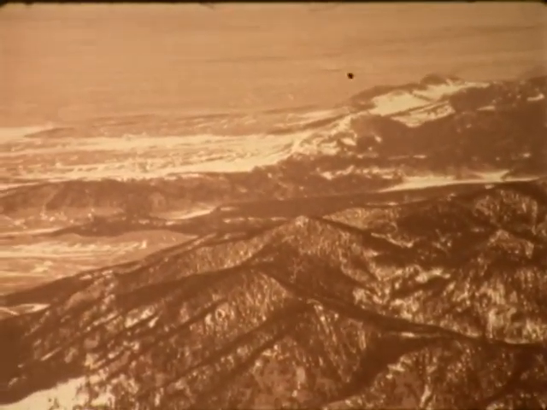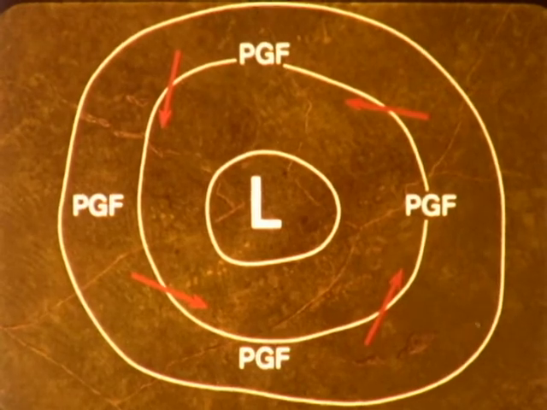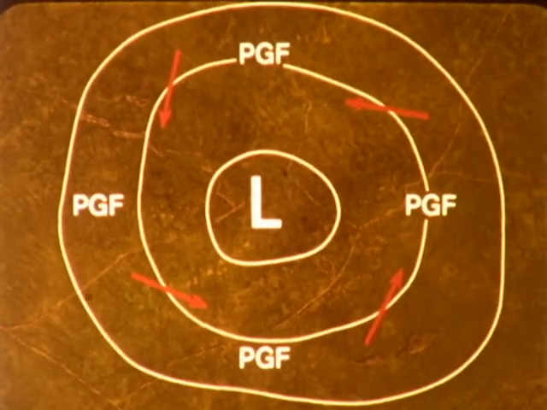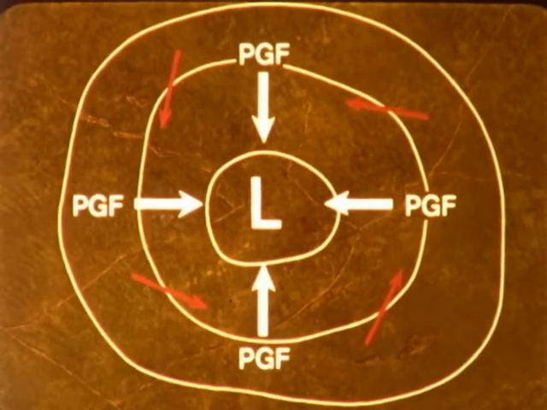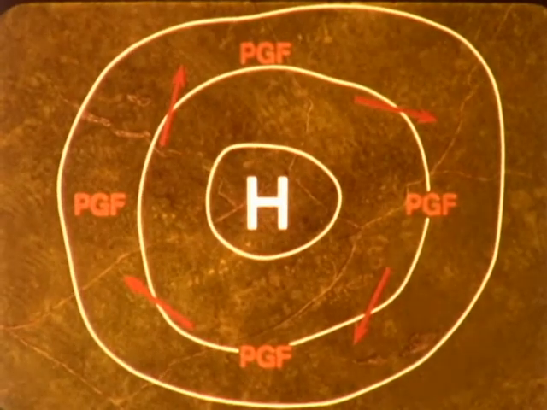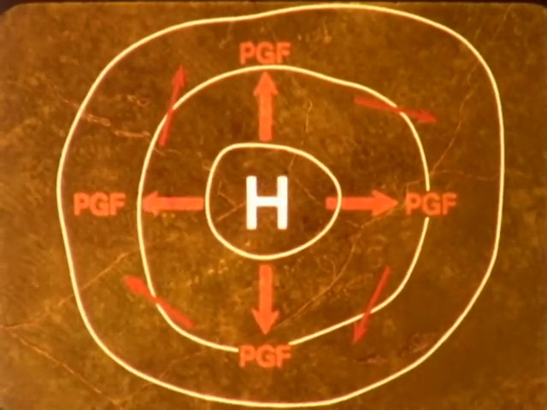The important thing to remember is that friction causes the wind to blow across the contours in the direction of the pressure gradient. This means that with lows, the flow is across the contours toward the center, and with highs, across the contours away from the center.